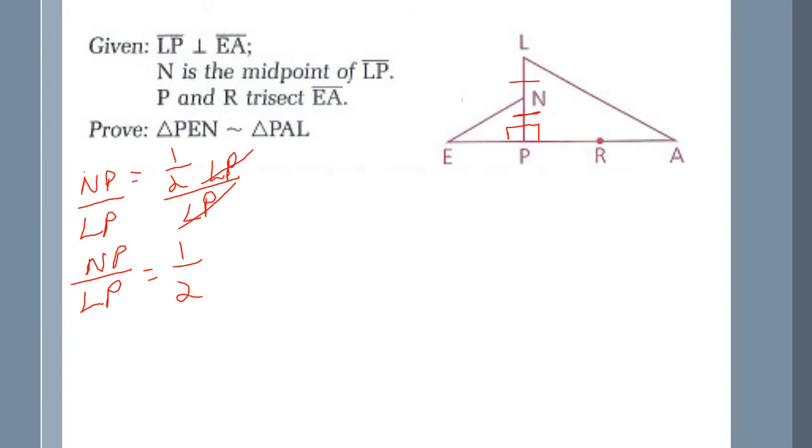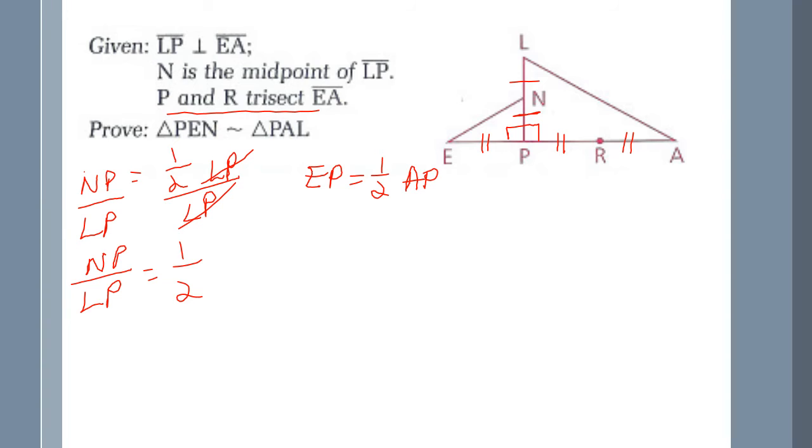Okay. And basically with P and R trisecting, I end up with that there. So EP is congruent to PR is equal to RA. So I know that EP equals 1/2 of AP.